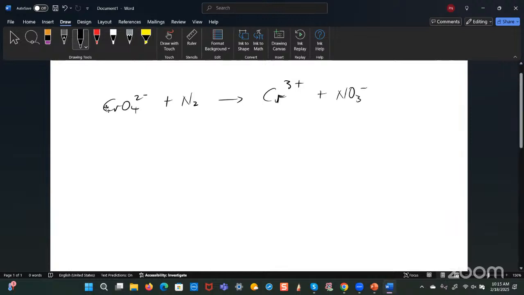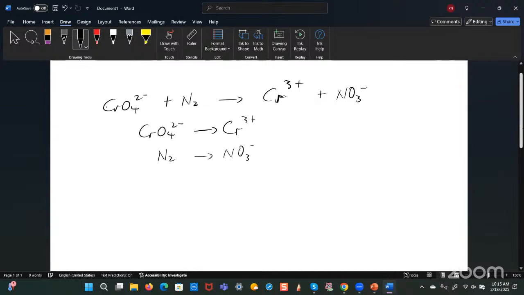So based on the examples that we have looked at so far, what will be the very first step in this process? Okay, so that would be CrO4 2 minus to form Cr3 plus and N2 to form NO3 minus.